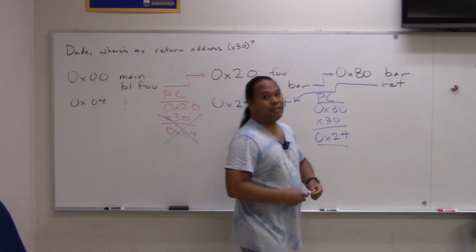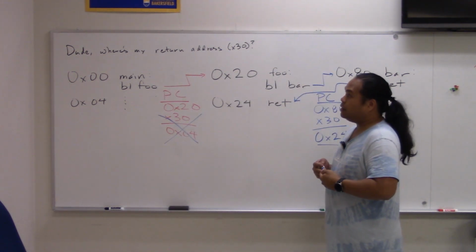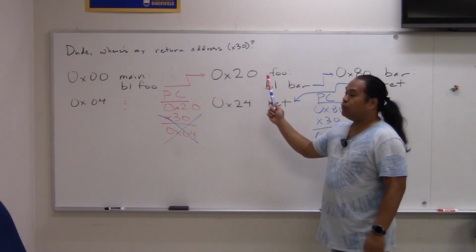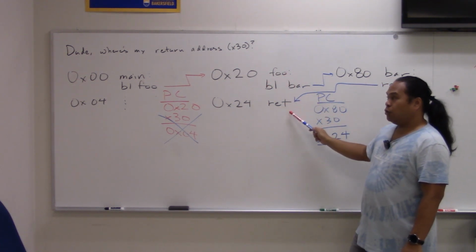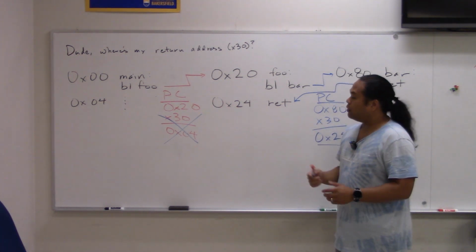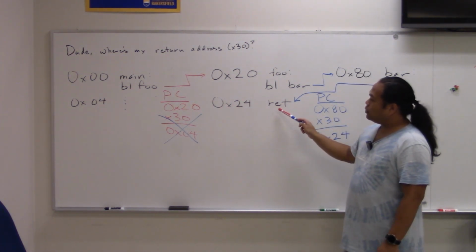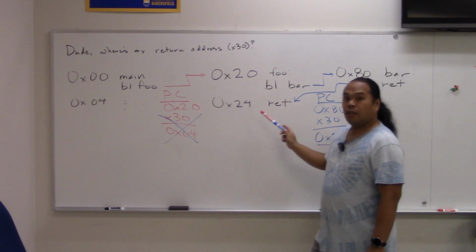But that's not the entire example here. The idea was main calls foo, foo calls bar, therefore foo should return to main. However, if I hit this return address, what is contained in X30?